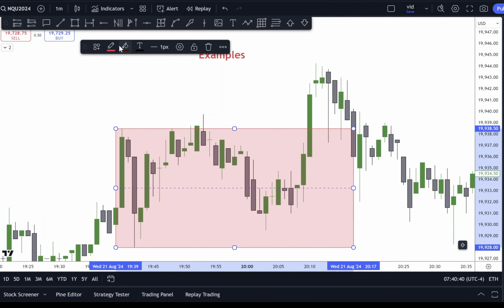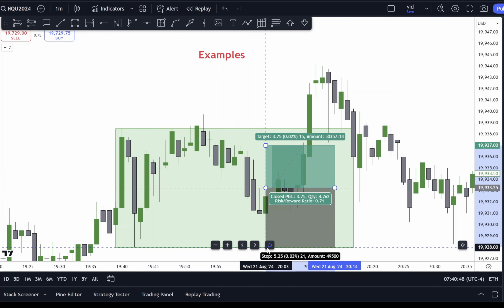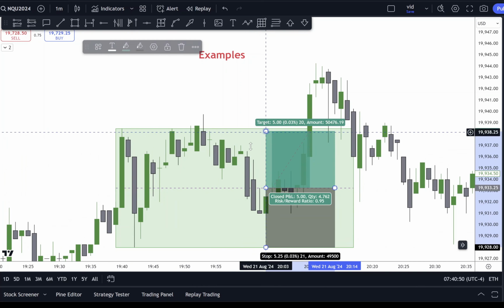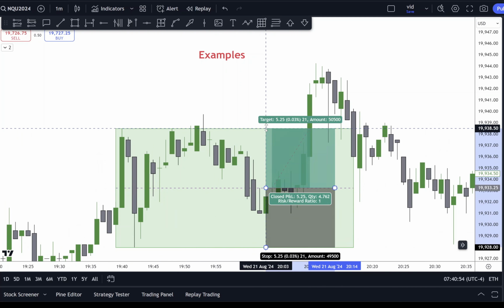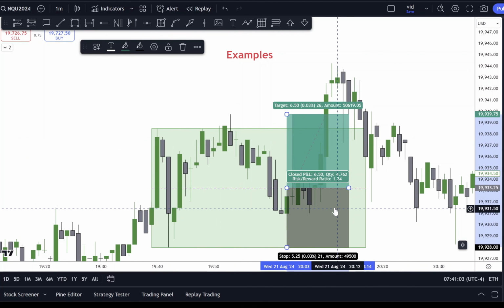Okay, so we take the trade from the 50% and we target the 1-to-1 of the zone, right, or this week high. So as you can see, this is this simple.